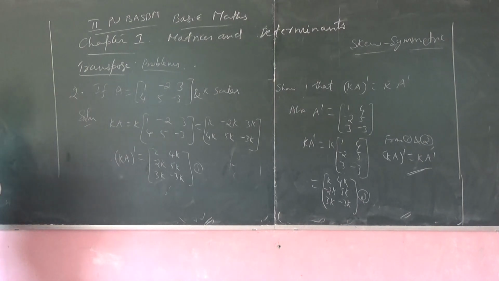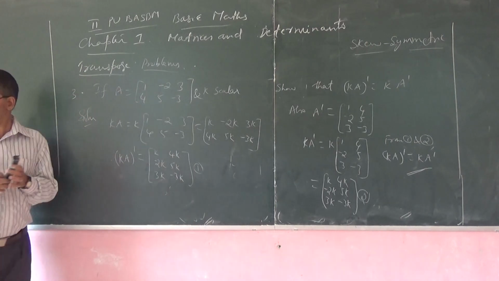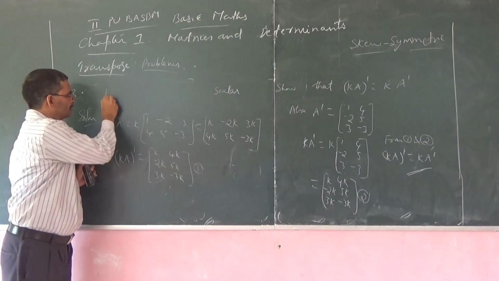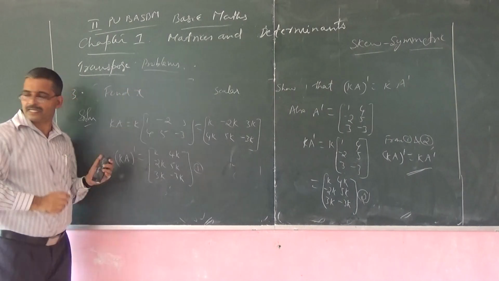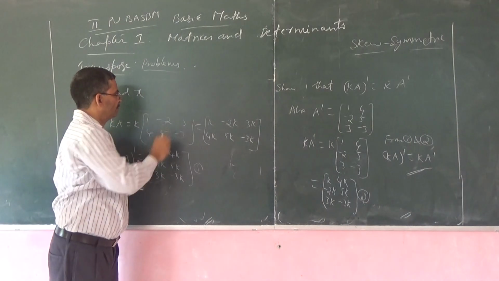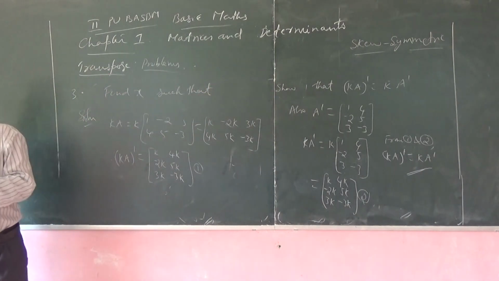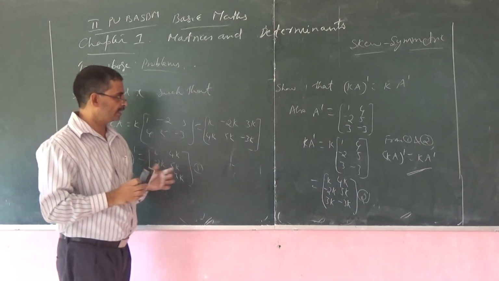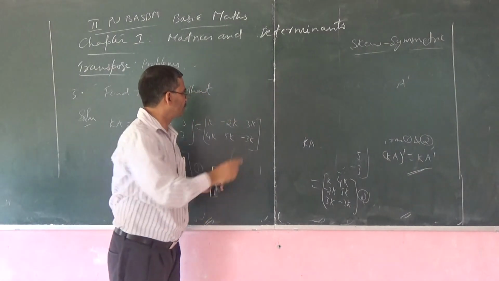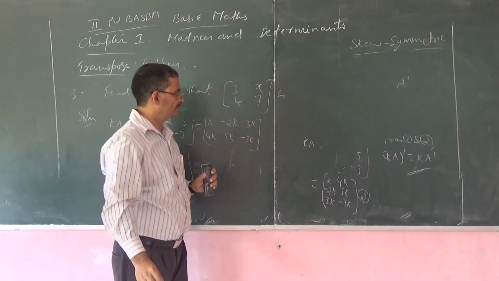Find x such that, third one, find small x such that [3 x; 4 7] is symmetric.